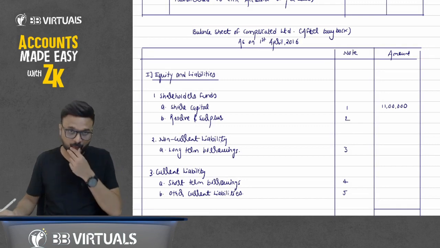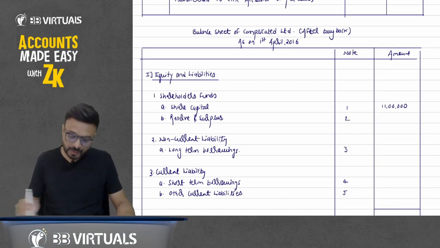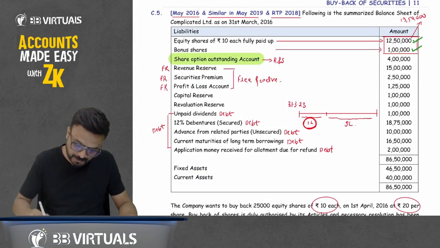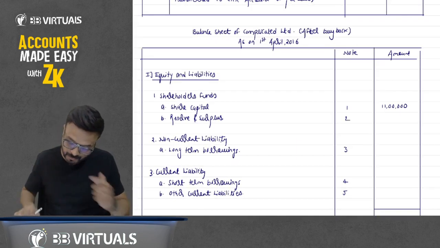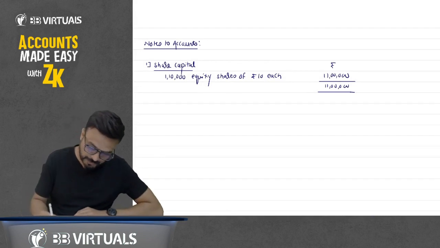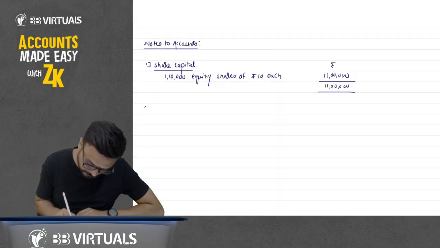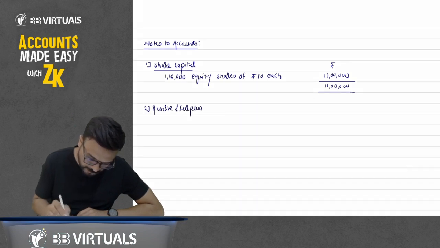11 lakh rupees. Okay. Now after this, the second item is share option outstanding account. That is a part of reserve and surplus. So make working notes to account number 2, reserve and surplus.